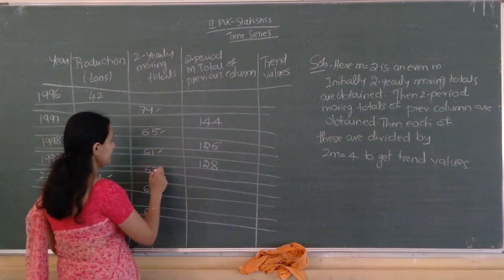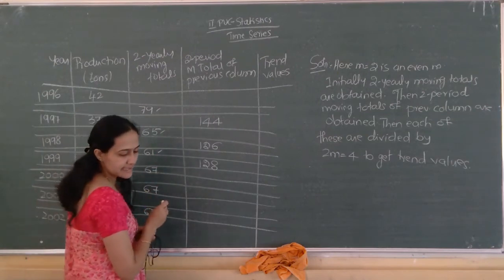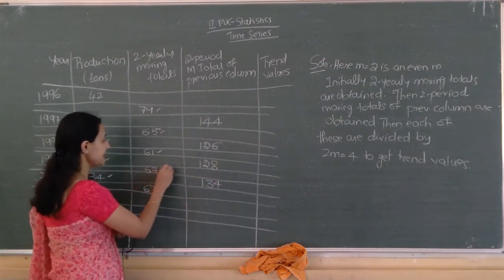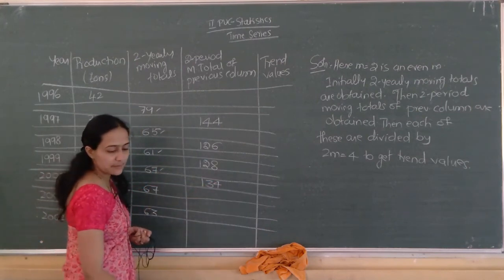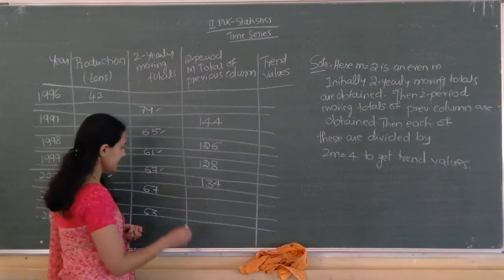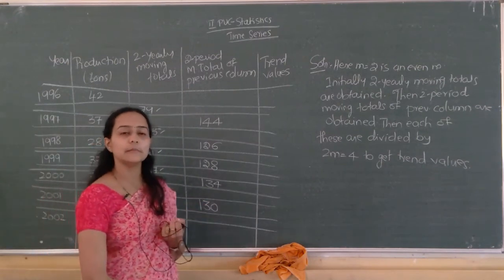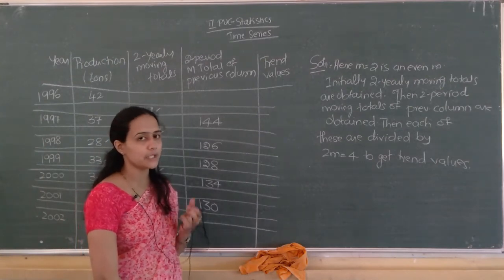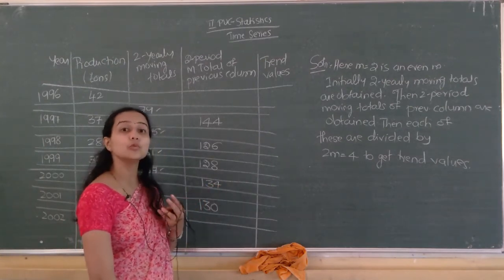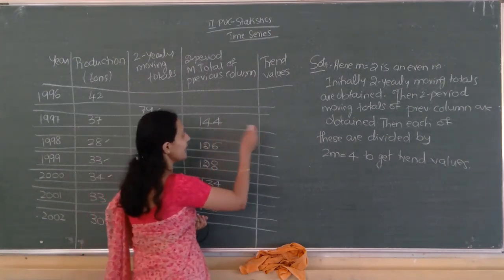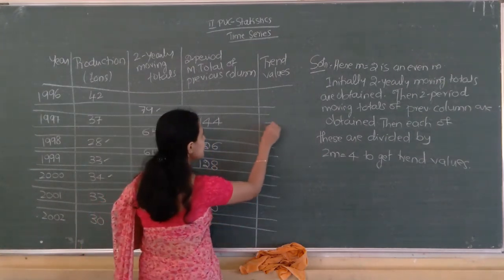Next 67 plus 67, that is 134. Next 67 plus 63, that is 130, right in the middlemost. Last column, trend values are divided by how much? Divided by 2m. 2m is 4. Okay, 144 divided by 4, 36.